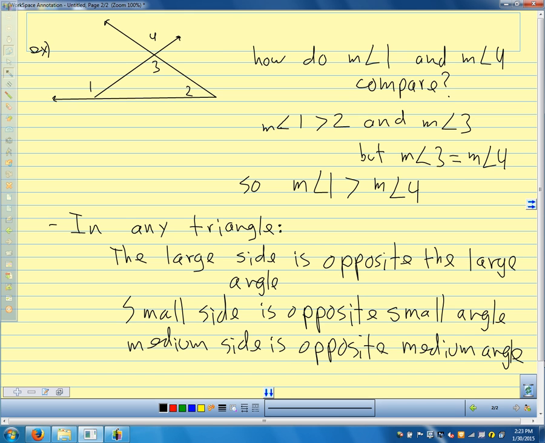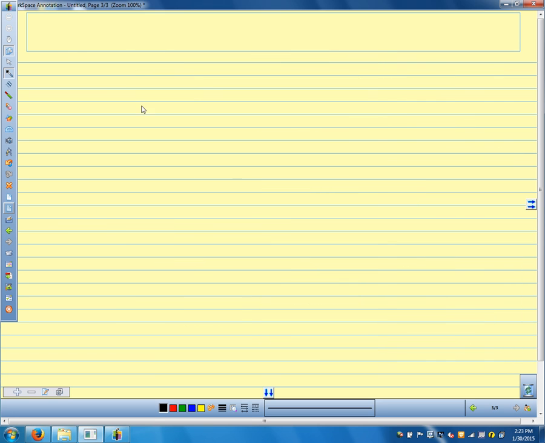Biggest side is opposite the biggest angle, the smallest side is opposite the smallest angle, and the medium side is opposite the medium angle. We say mediumist? The mediumist side is opposite the mediumist angle? Yeah. Is there such a thing as mediumist? The most in the middle? Pretty, makes sense, right? So let's look at a couple of examples with this.